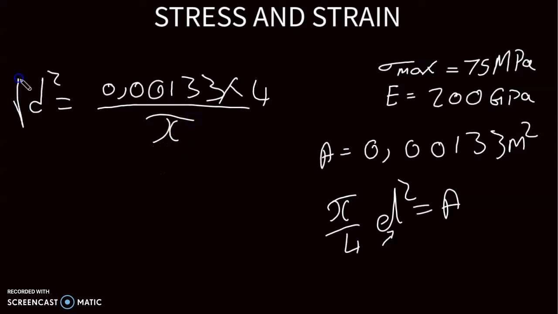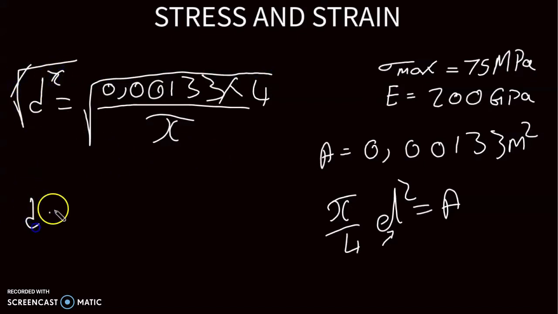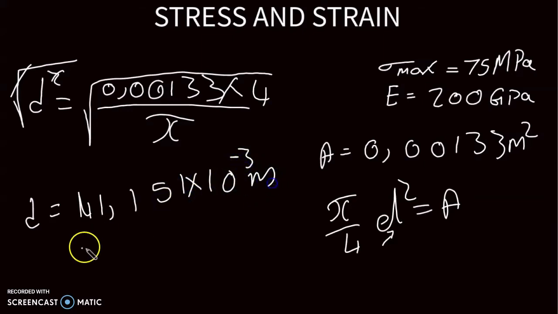And we're going to put a square root. This will cancel here, and then we're left with d. Our diameter, I got it as 41.151 times 10 to the power -3 meters, or you can just put it as 41.151 millimeters.